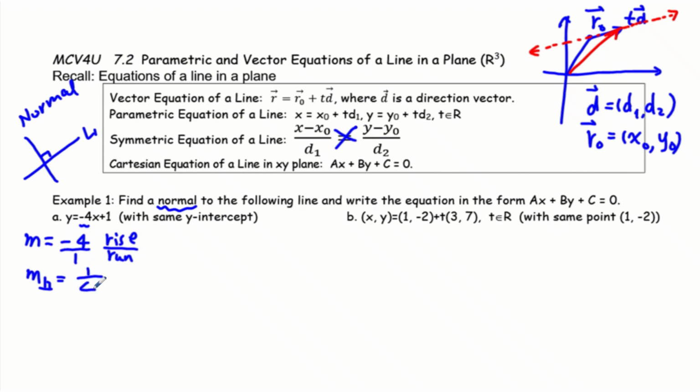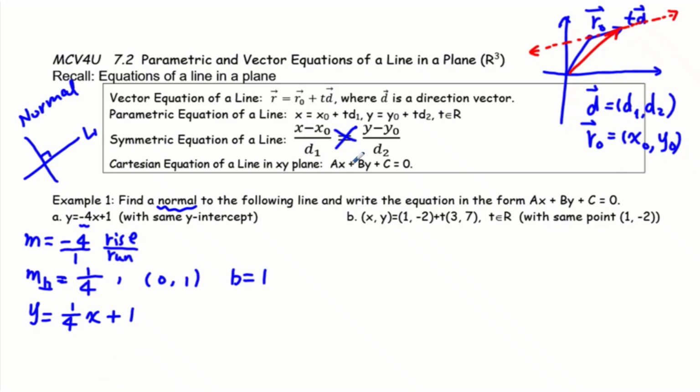So it's 1/4. Then the point is the same y-intercept, meaning the b value is the same. So we have the slope and we have the b, we could write y equals mx plus b, 1/4 x plus 1. So this is our equation of the normal.